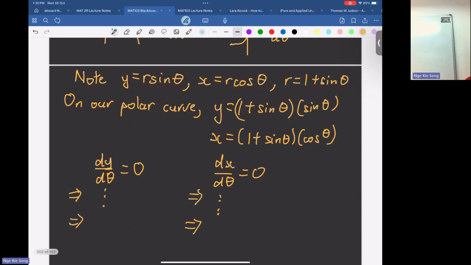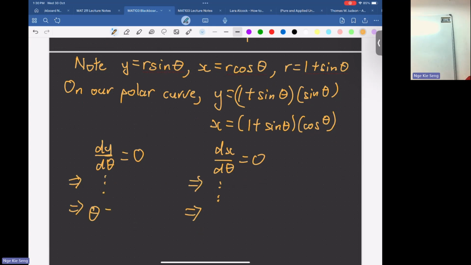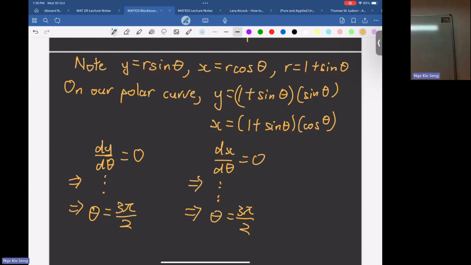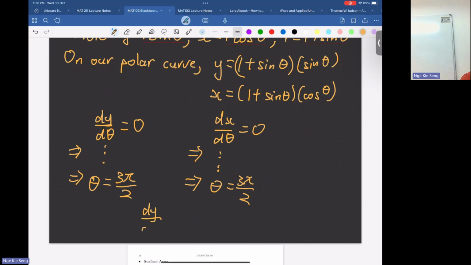You can compute it if you like, but what we get here is, out of a bunch of points here, you see 2 points in common. So the calculation is not wrong, but there are 2 points in common. What does it mean? What happened at these 2 points? At these 2 points, dy/d theta is 0, dx/d theta is 0. What happened at this point? What's the dy/dx at this point in that case?